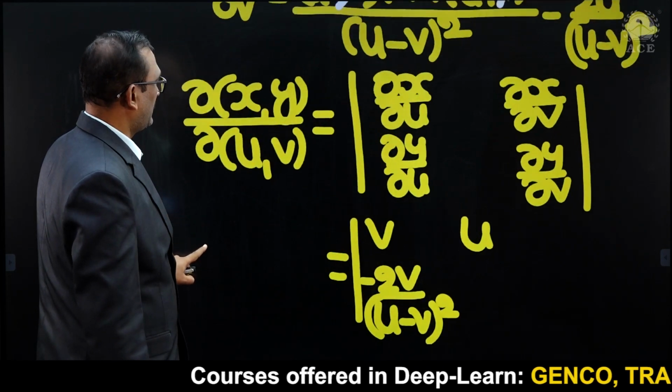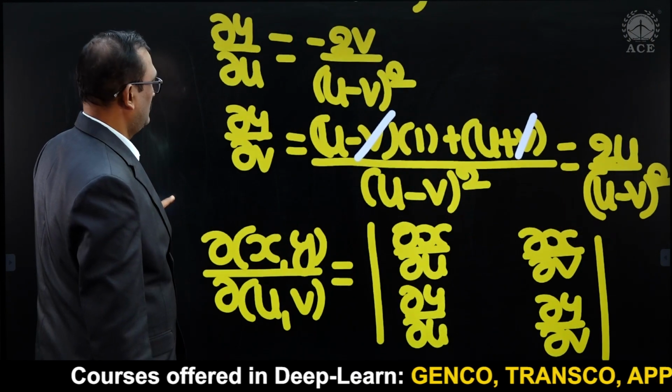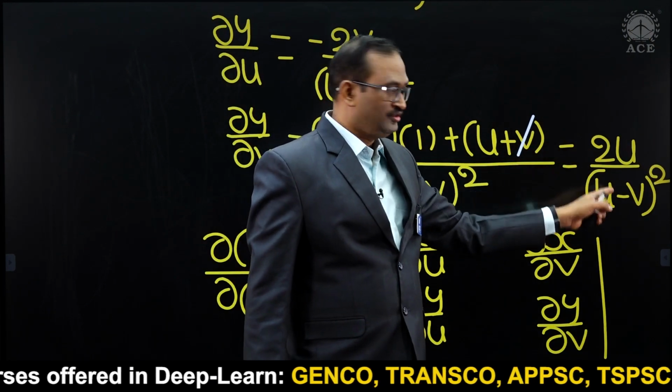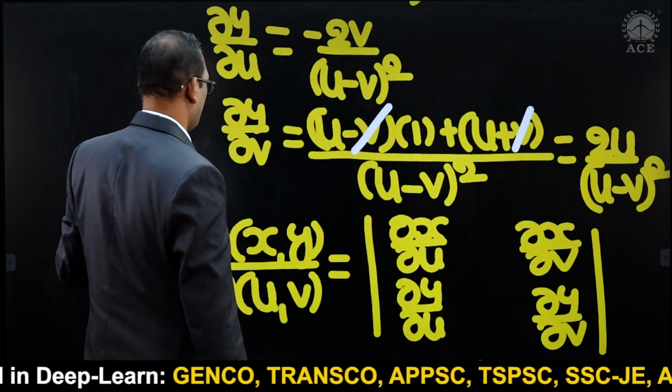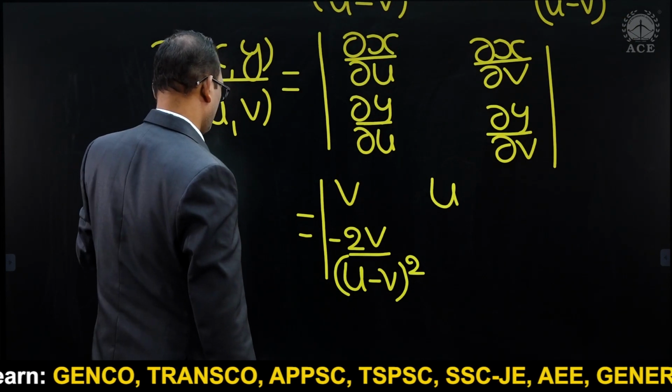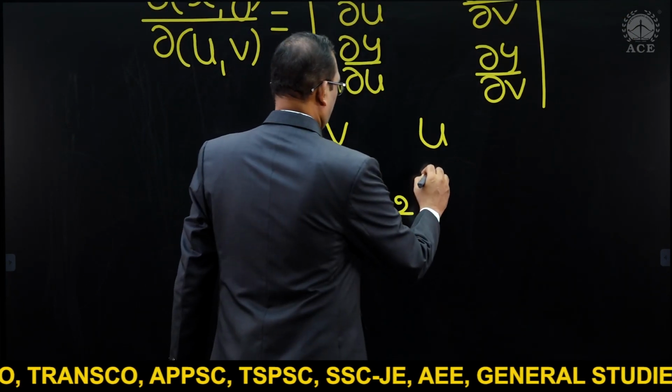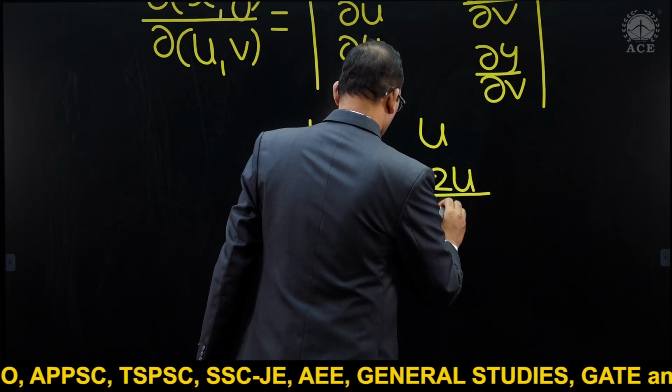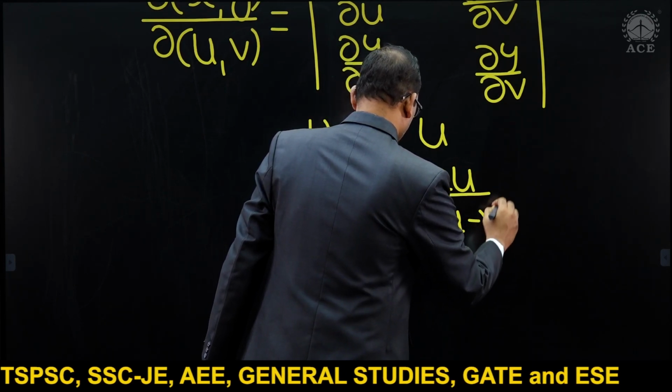Next, ∂y/∂v, that is 2u by (u−v) whole square.